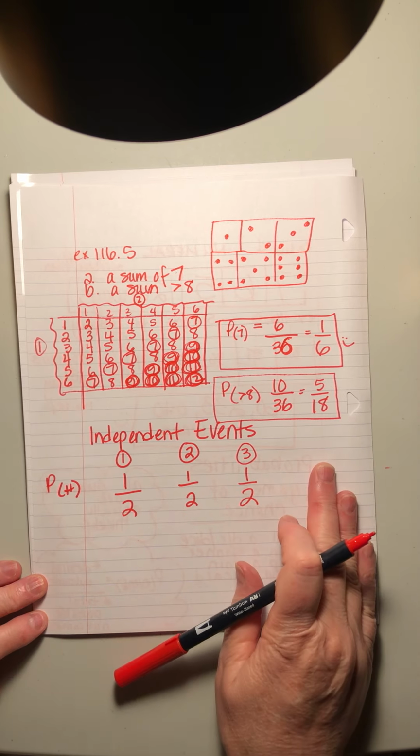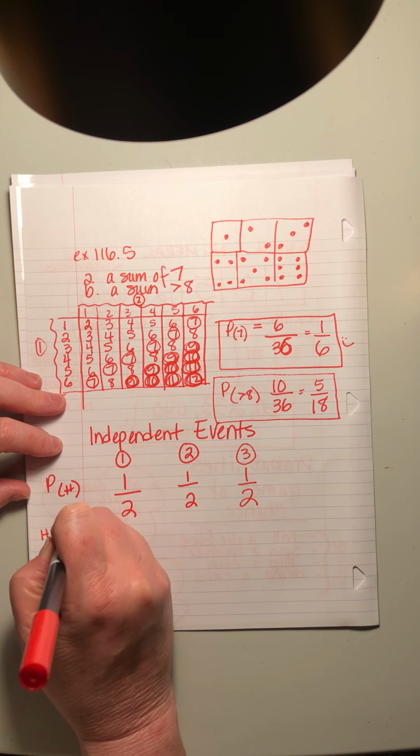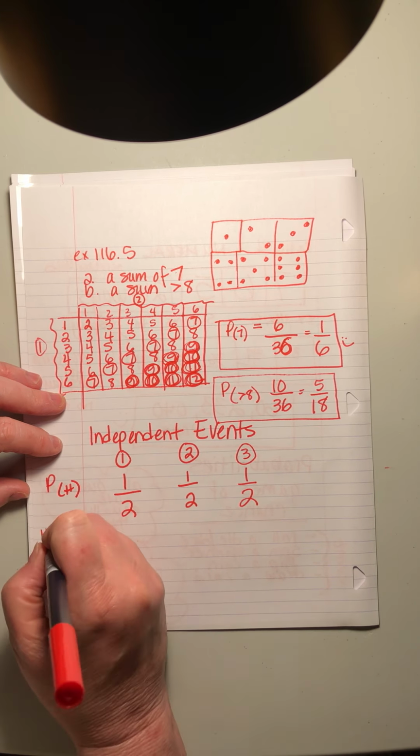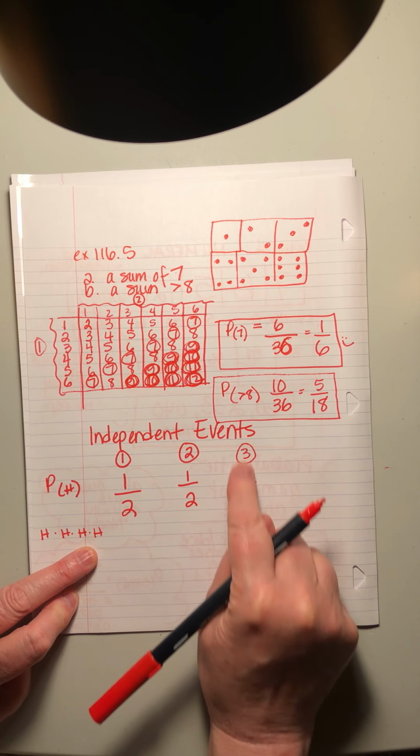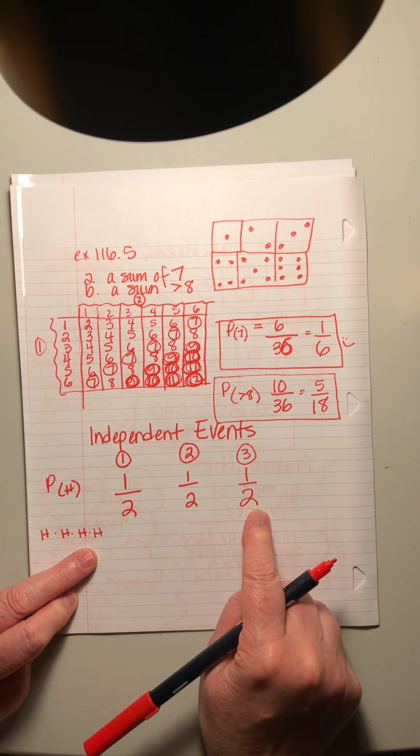Now, what if before we started this, we had flipped it and gotten heads 3 times in a row? Let's make it 4 times in a row. Before, okay? Does that change the probability of these 3 tosses? Does it make it more likely that we're going to get heads? Does it make it less likely?